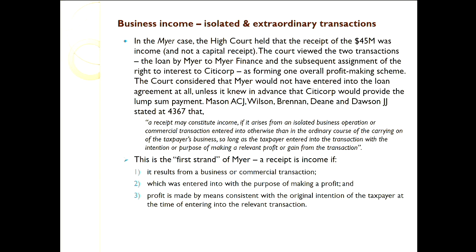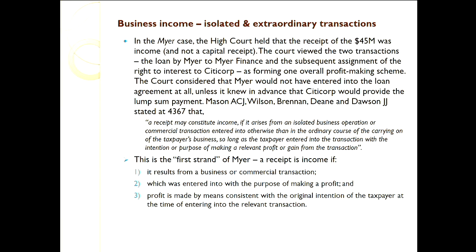Then it thought, how are we going to do it? And then it created the loan agreement and sold the right to interest. So that $45 million gain is made consistently with the intention of Maya at the start of this little scenario, where it creates the shelf company and the loan agreement, because all along that was its plan and things went according to plan.